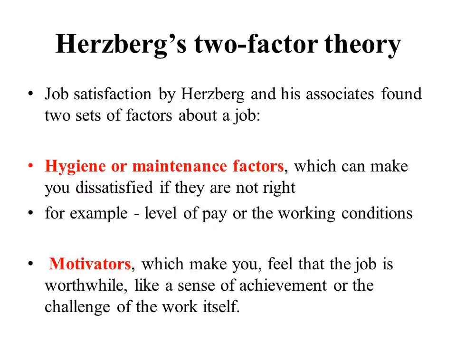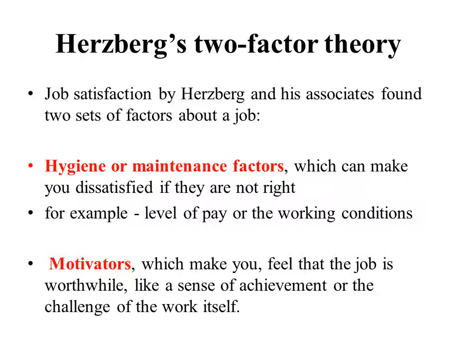Research into job satisfaction by Herzberg and his associates found two sets of factors about the job, and these are categorized into two sets. That is, first is hygiene or maintenance factors and another one is motivators.